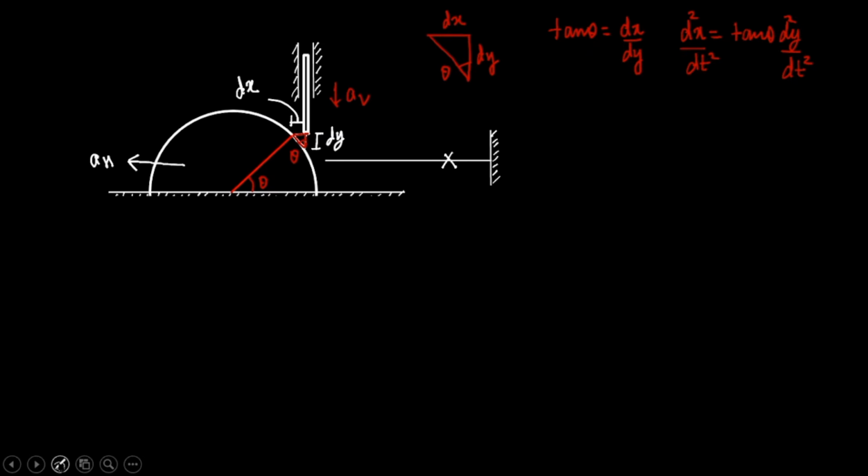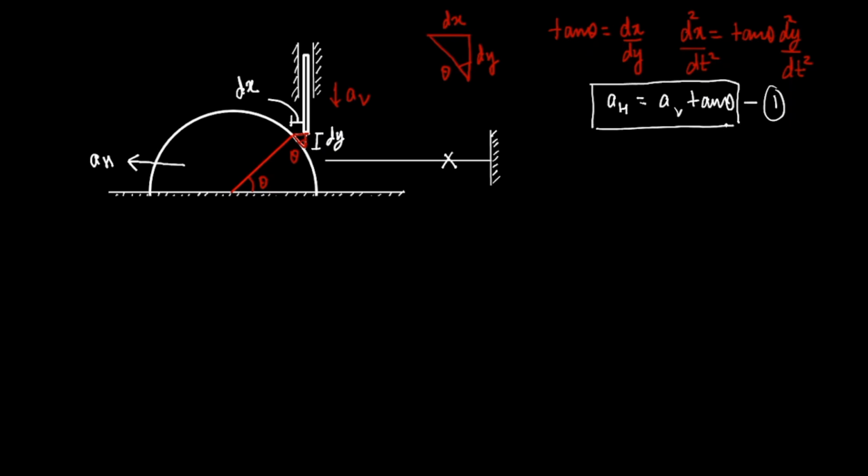So you got a relation between AH and AV. What is it? AH is AV, d square y by dt square is the vertical acceleration of the rod, AV tan theta. Let us mark this equation as 1. Okay, first equation.